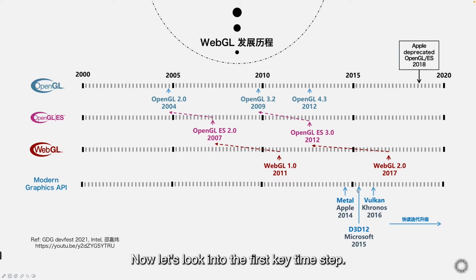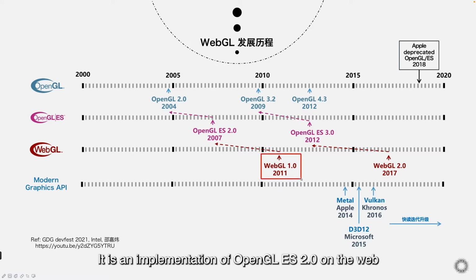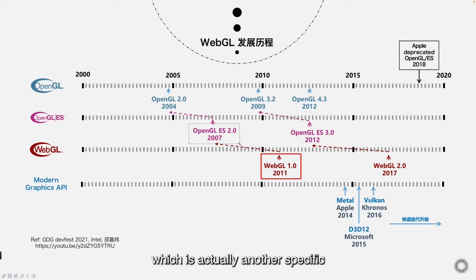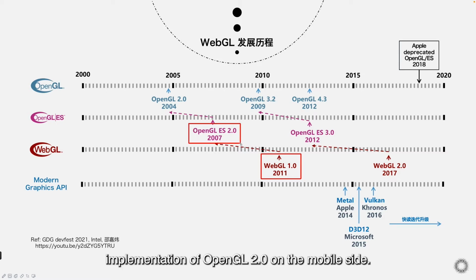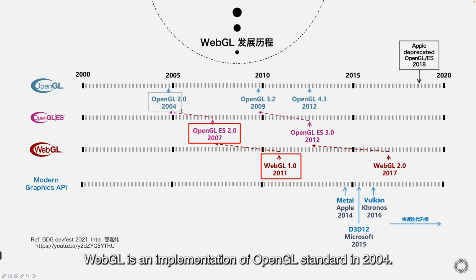Now let's look into the first key timestamp. The WebGL standard was proposed in 2011. It is an implementation of OpenGL ES2 on the web, which is actually another specific implementation of OpenGL on the mobile side. In other words, WebGL is an implementation of the OpenGL standard from 2004.